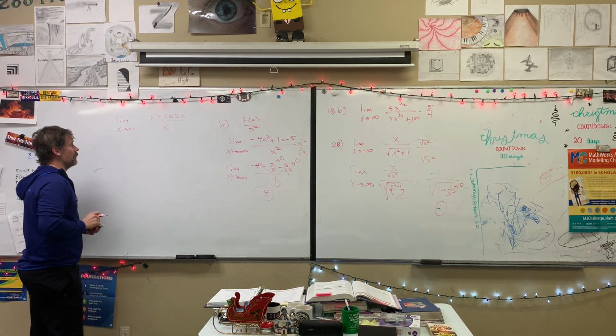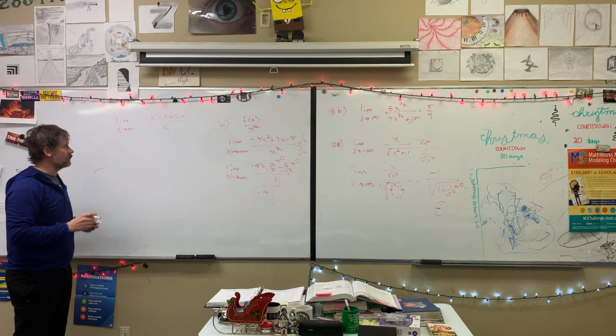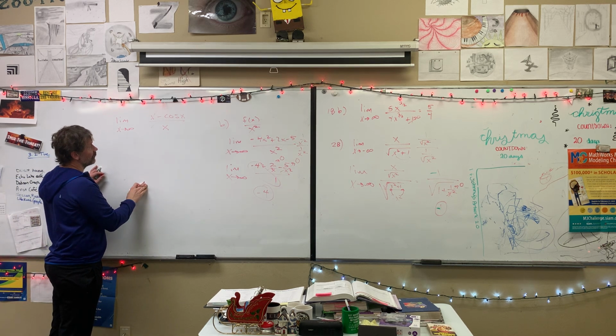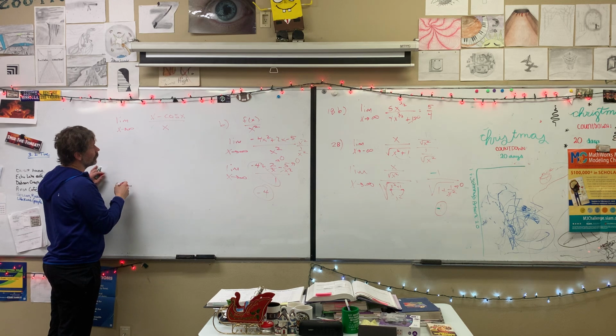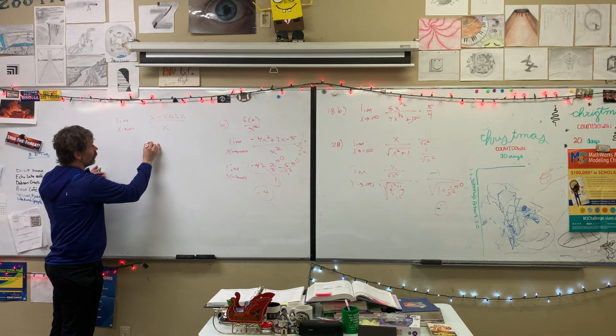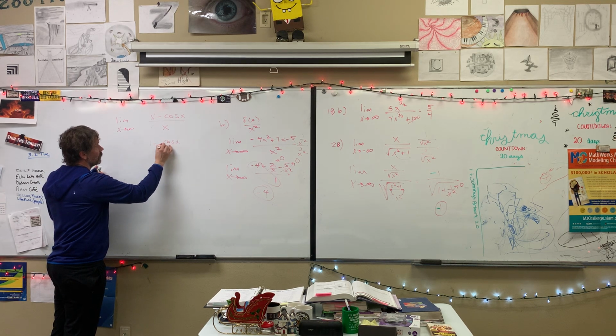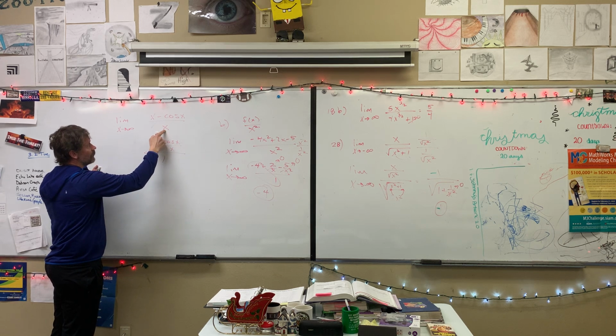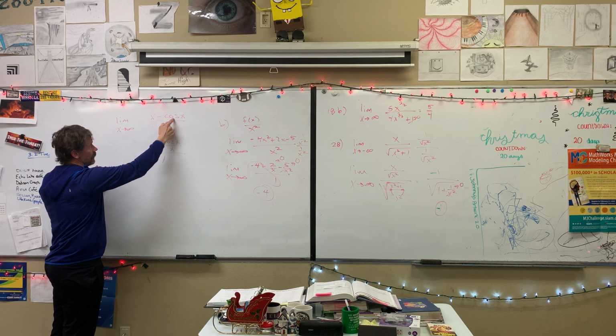So x minus cosine x over x, we can still apply the same kind of algebraic process of dividing everything by the largest exponent. So it would just be 1 minus cosine x over x, all over 1, that divided by x.